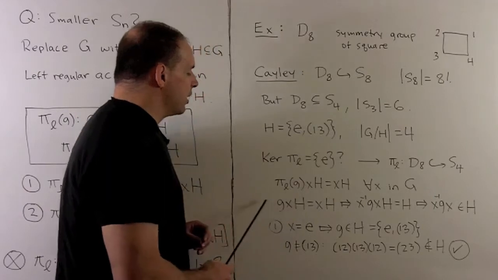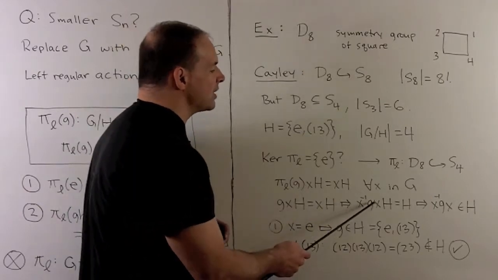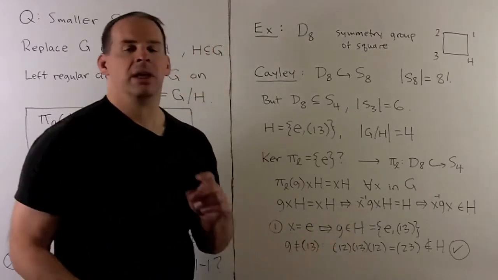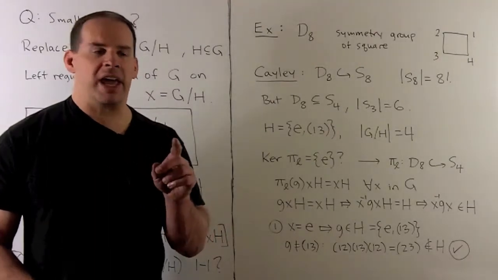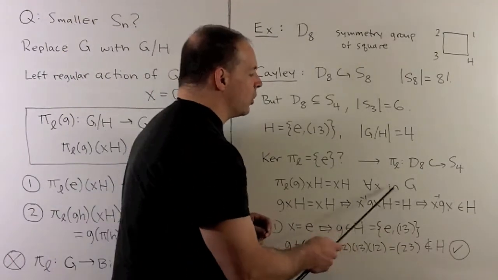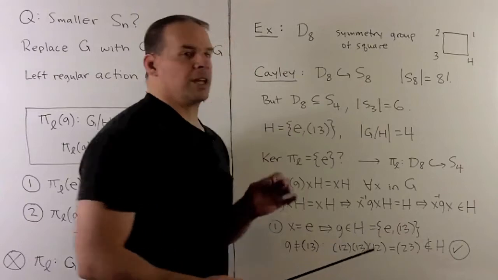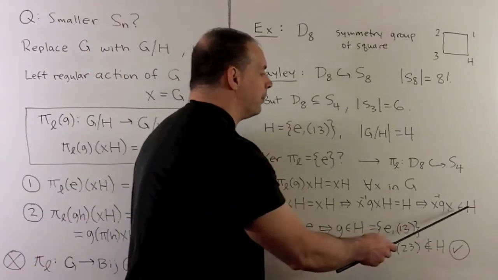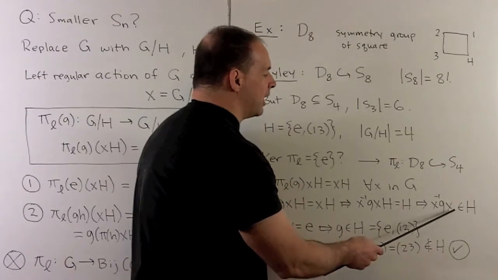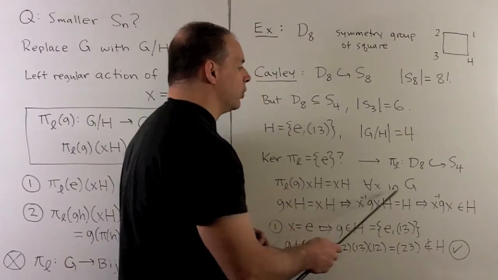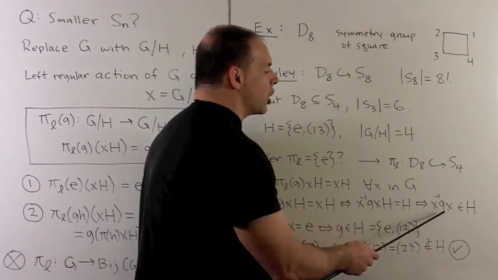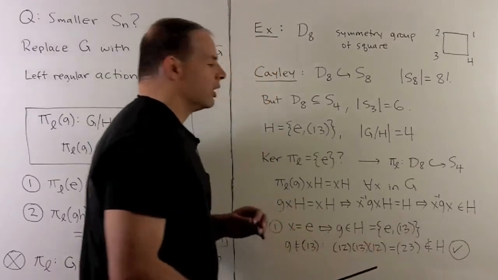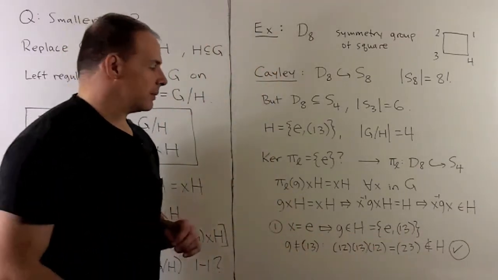If I push this x to the other side, we have x inverse gxH equals H. And if these 2 cosets are the same, we have the identity coset here. That means x inverse gx is an element of H. Now, if I let x be equal to the identity, because we're letting this be any element in the group, that says our g has to be in H. So we've narrowed it down to 2 elements.